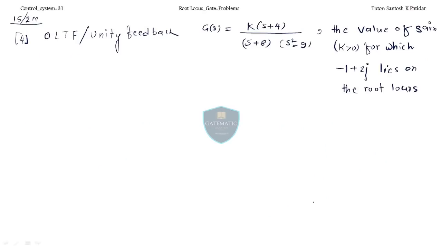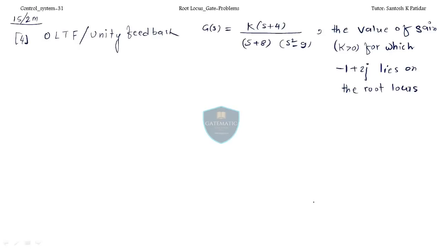Now let's come to the next one. It asks: the open loop transfer function of the unity feedback system is G(s) = k(s+4)/((s+8)(s²-9)). The question is the value of gain k, definitely k greater than 0, for which -1+2j lies on the root locus. They are asking for the condition on k and giving a particular point.